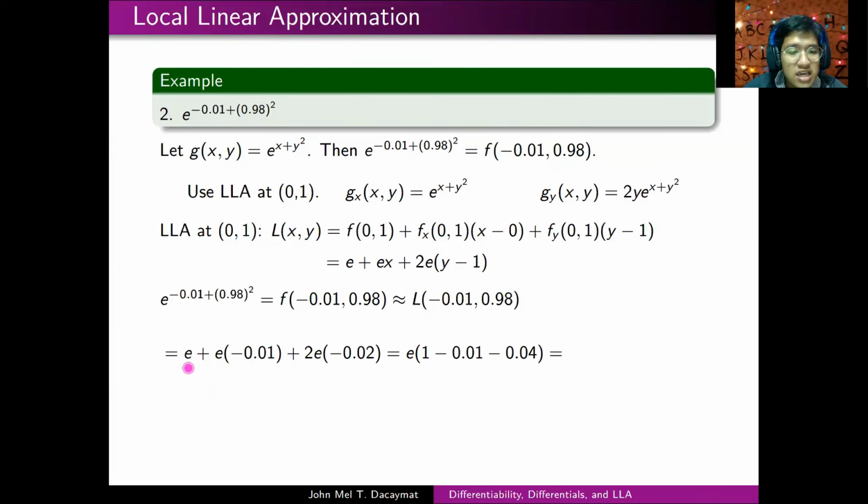So, matitira e, tapos ito negative 0.01, tapos ito 2 times negative 0.02 or negative 0.04. Okay? Yan mangyayari kapag factor out ko si e. Tapos, itong nasa loob, ang matitira ay 0.95. Kaya 0.95e ang approximation natin for this one. You can check the actual value of this, tapos kunin mo din yung value ng 0.95e. Tingnan mo, malapit lang sila.